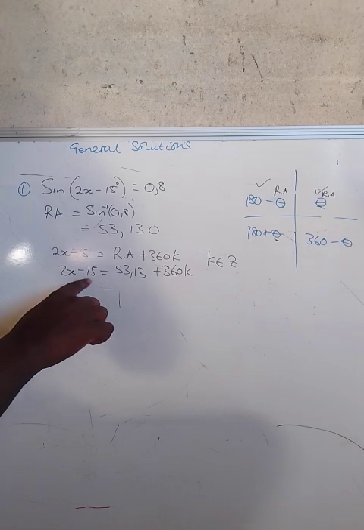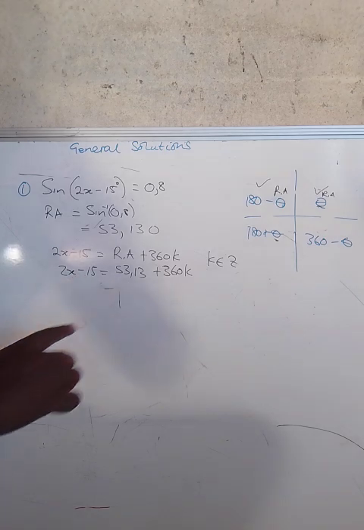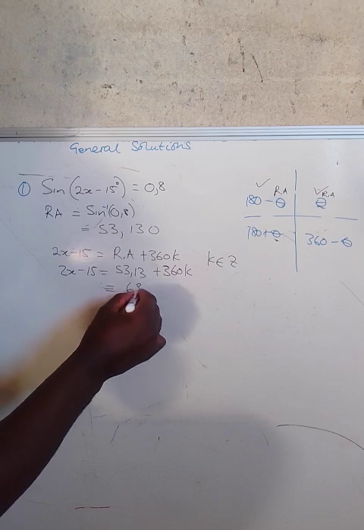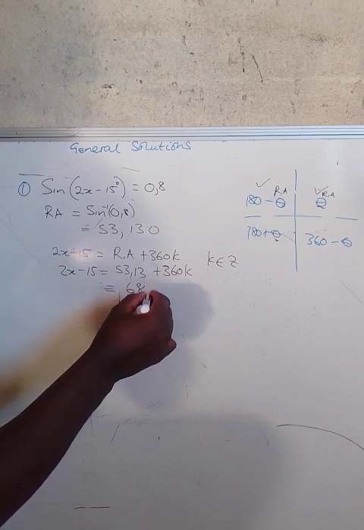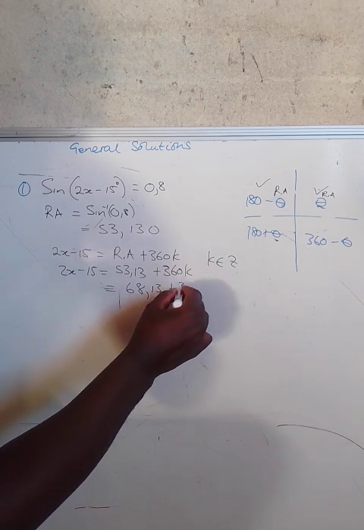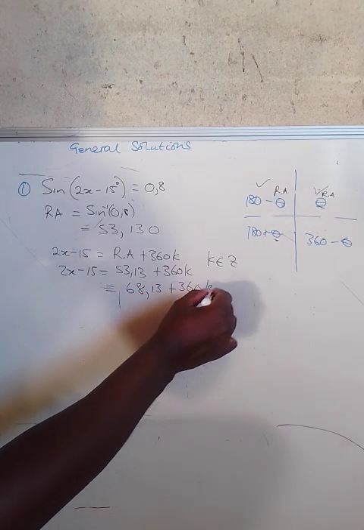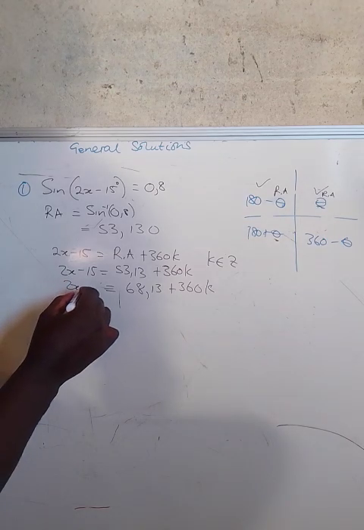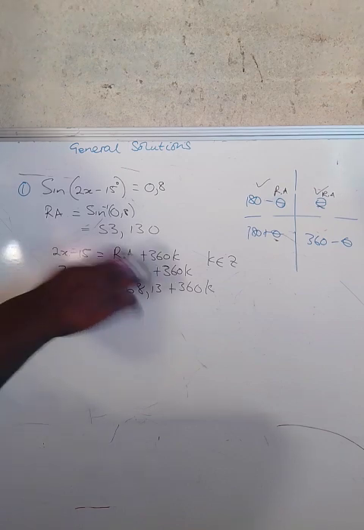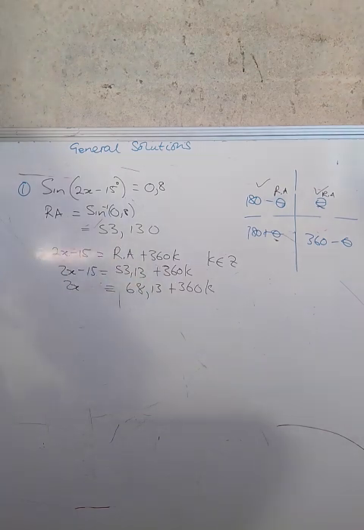We have minus 15; if it goes to this side, it's going to be 68.130 plus 360k. Then we have 2x only, because we have taken the minus 15 to that side.